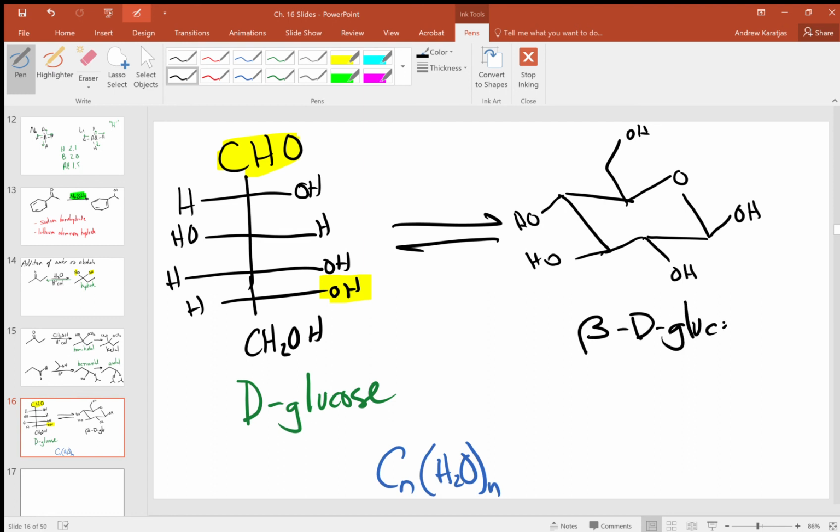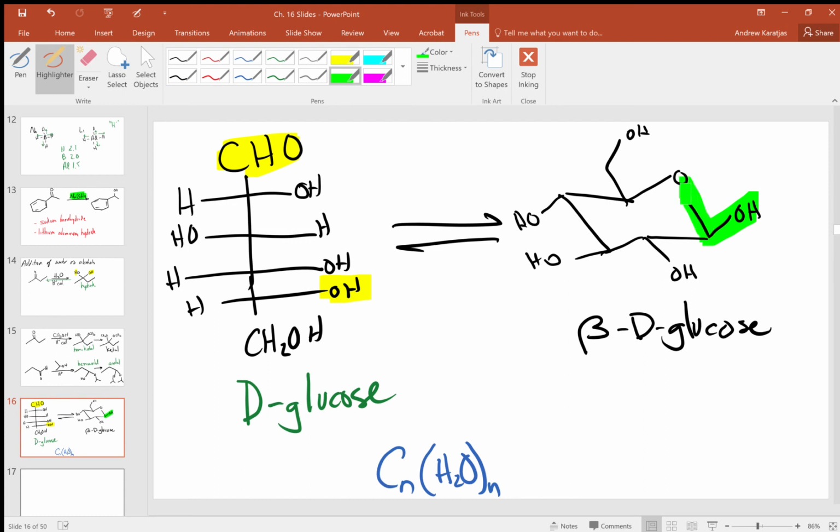And this form is known as beta D-glucose, where the difference between the alpha and beta is dependent on which direction this alcohol points. But you can see here, we've now formed a hemiacetal.